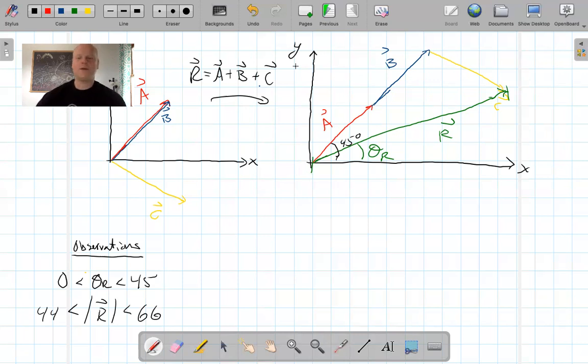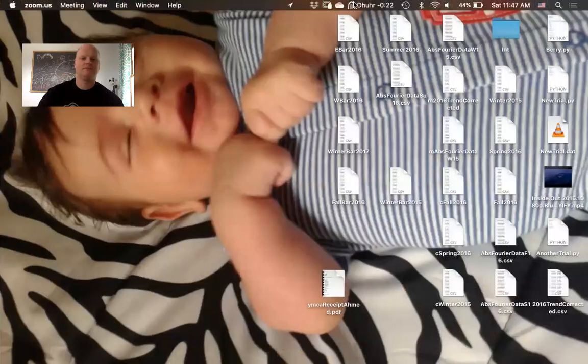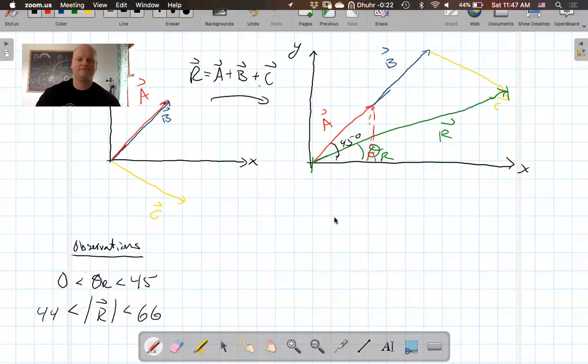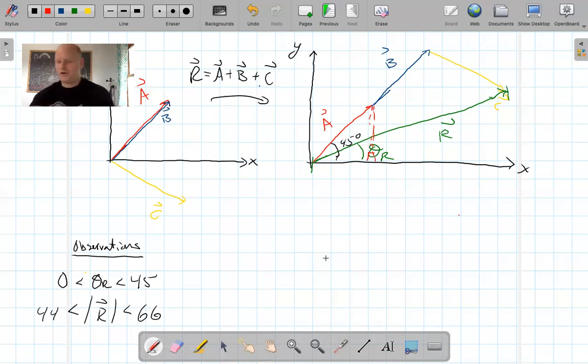So how do we determine the length of R? Notice that if I drop a perpendicular from A, this distance is simply the length of AX, and if I draw my perpendicular on this side, this length is AY.